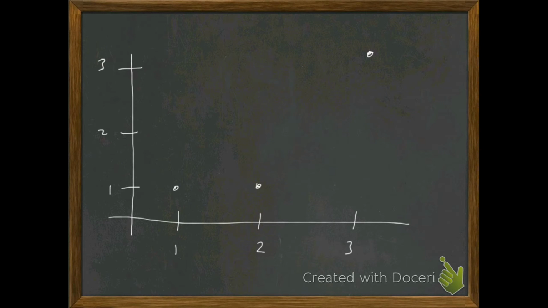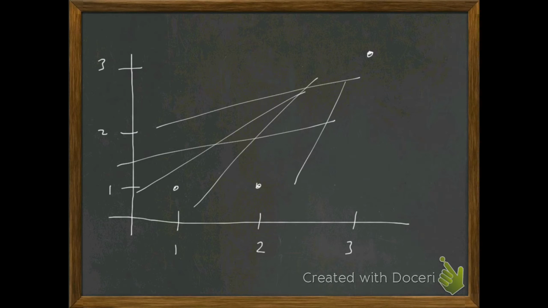So ultimately what we're looking for, you can imagine, there are infinitely many lines that we could draw through here, but we're looking for the one that minimizes the sum of the distances from our point to the line.